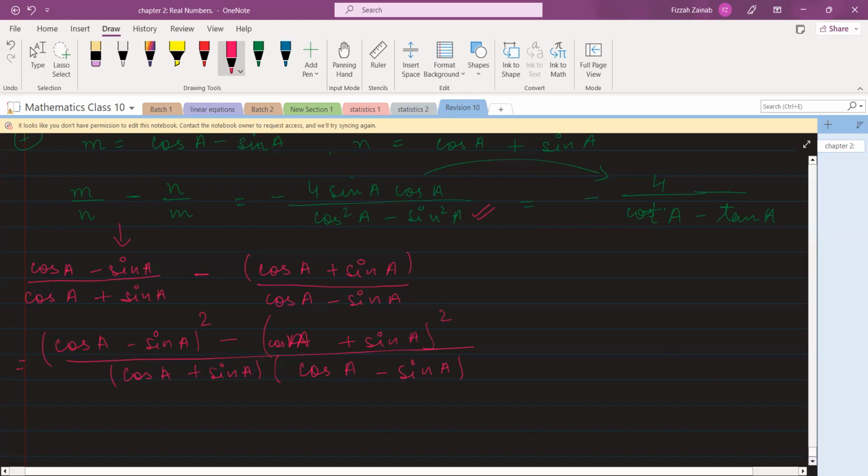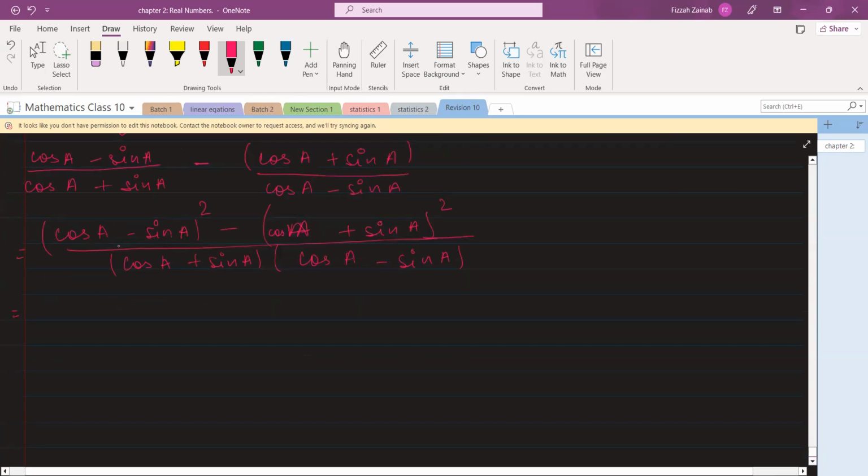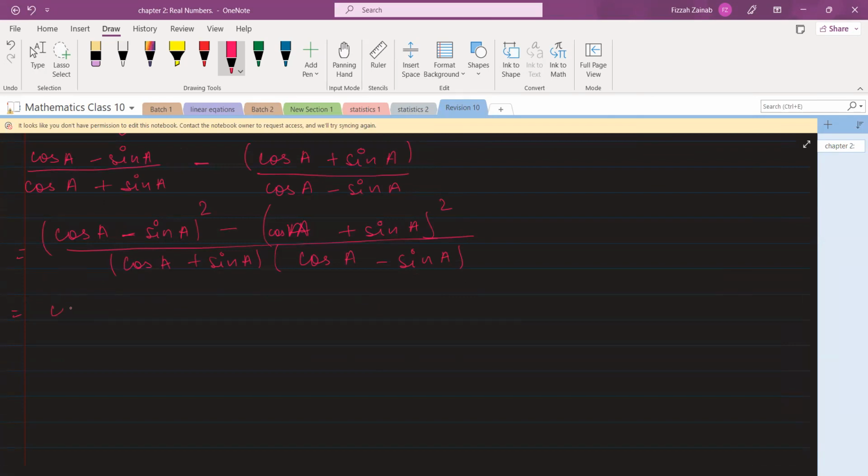Now open the bracket. A minus B whole square and A plus B whole square. So A square plus B square minus 2AB, 2 cos A into sine A. Minus, now please use a bracket because you have a minus outside. A plus B whole square.